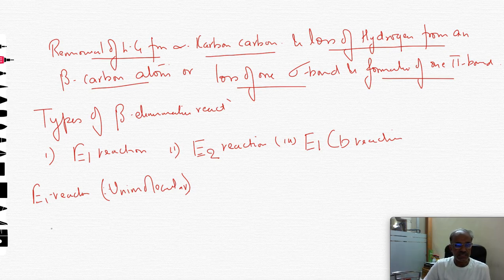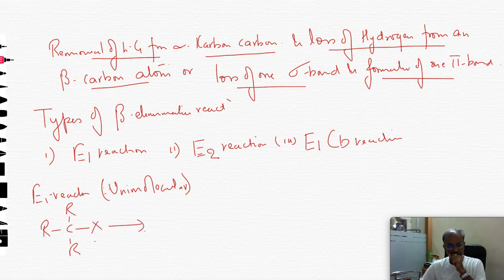Take for instance a tertiary alkyl halide, with X a very good leaving group. So what will happen? It leads to the formation of a carbocation. This is step one.